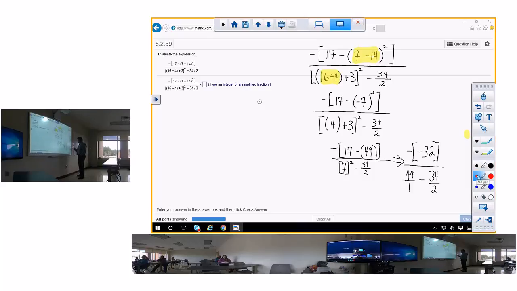So I'm going to take this red marker, and I'm going to make that a 2. 1 will go into 2 how many times? 2 times 49 is what? Well, 2 times 50 is 100, minus 2 is 98, right? So I changed 49 over 1 into 98 over 2, and I kind of skipped a step there.